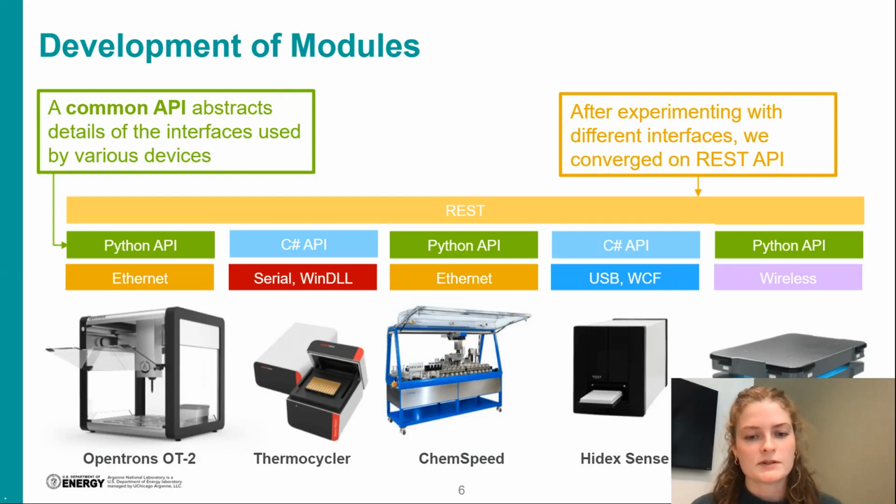So the OpenTrons OT2, for example, the base communication layer would be Ethernet, whereas the thermocycler has to run on a Windows machine, and it has serial communication.